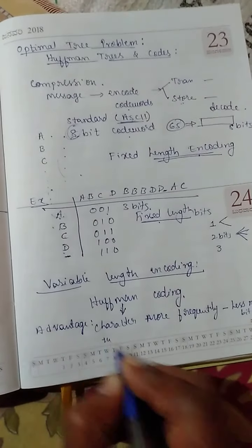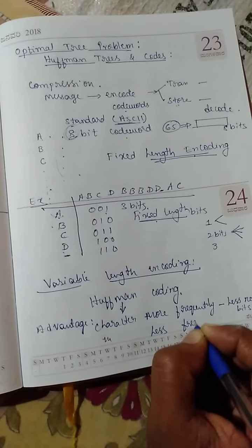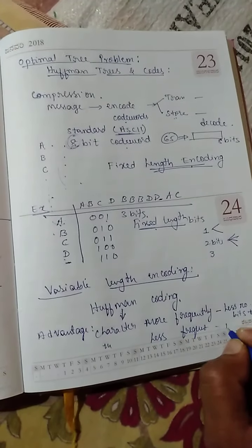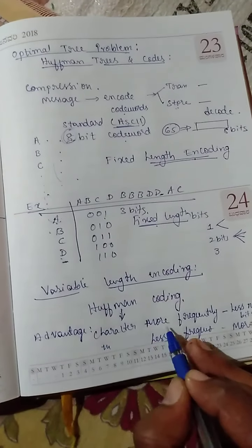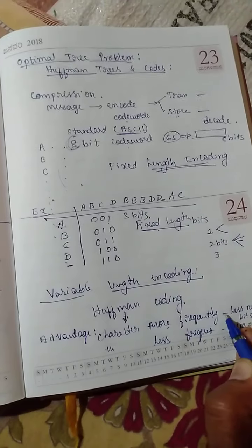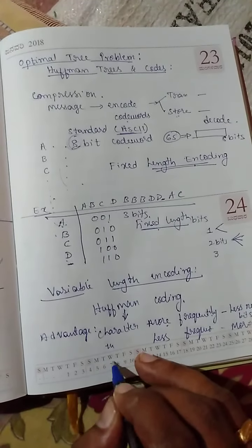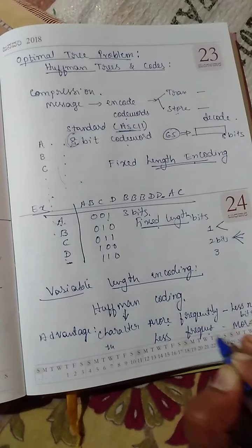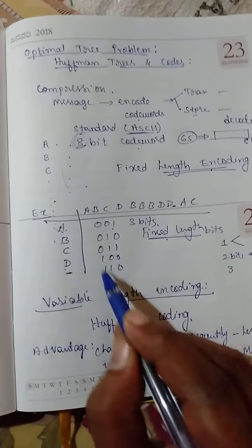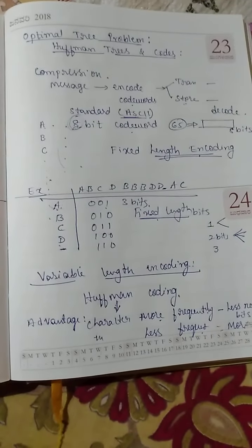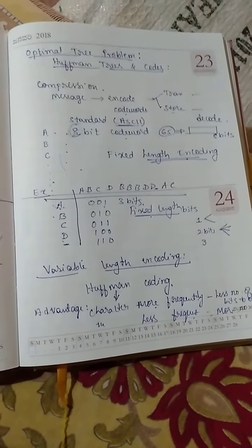And if a character is appearing less frequently, then you can use a larger number of bits. So if a character is appearing more frequently, use shorter code words. If a character is appearing less frequently, use larger length code words. How he exactly achieves this, we shall see with an example.